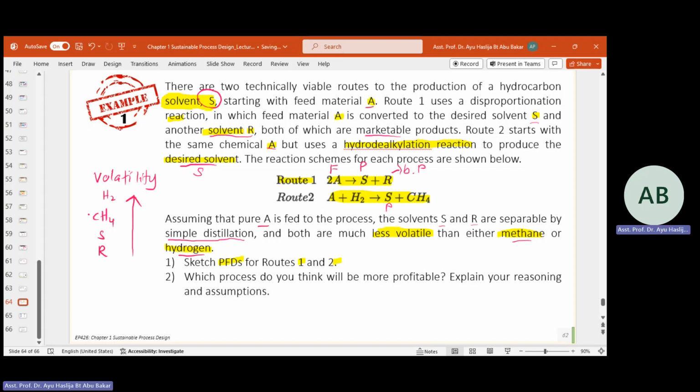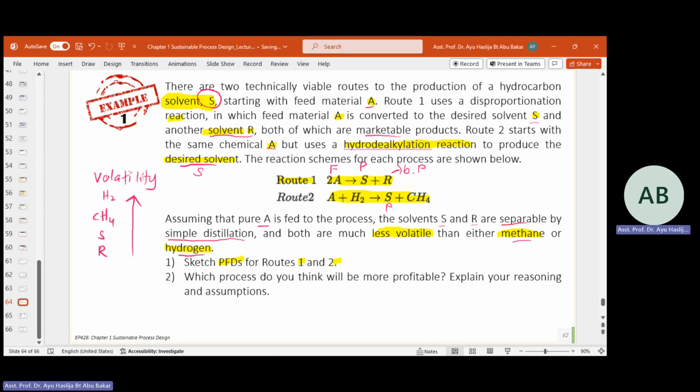H2 and CH4 are more volatile compared to S and R. S and R are separable by simple distillation. Simple distillation means that you don't need many plates, perhaps just a few plates. Simple distillation. Top product, bottom product.